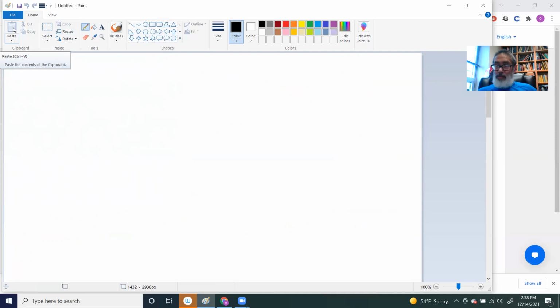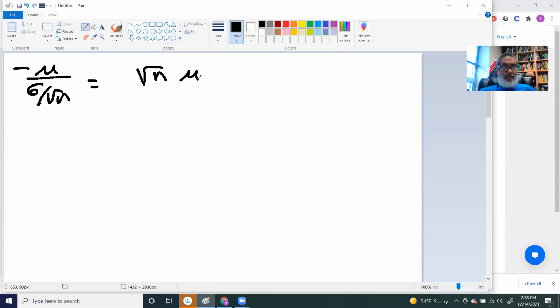So now we have minus mu over sigma over the square root of n is equal to square root of n mu over sigma. But in the very top, we have benefit plus premium divided by discount.